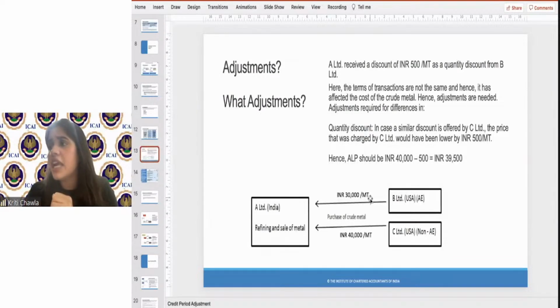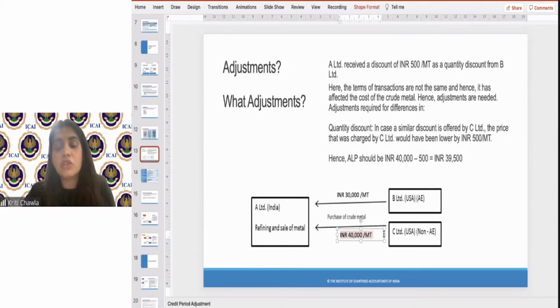So now we understand that we can actually use an independent party. There is an independent party out there, and we can use their price as the arm's length price under the CUP method, because the CUP method says that you have to find a comparable uncontrolled price. The comparable uncontrolled price here is 40,000 rupees.